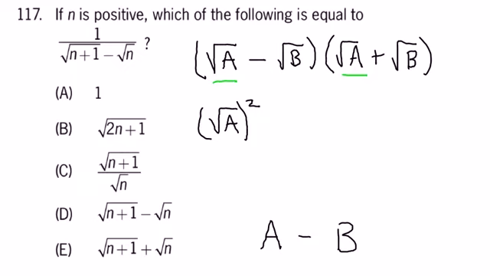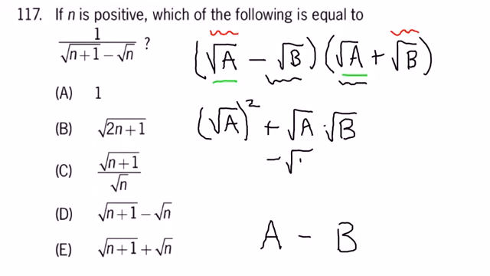Square root of A times the square root of B will end up canceling with minus the square root of B times the square root of A. And then finally we have minus the square root of B times the square root of B. It's going to give us minus the square root of B squared.